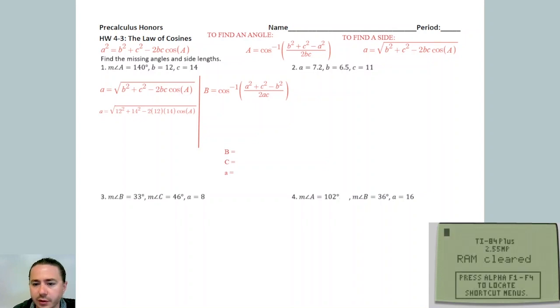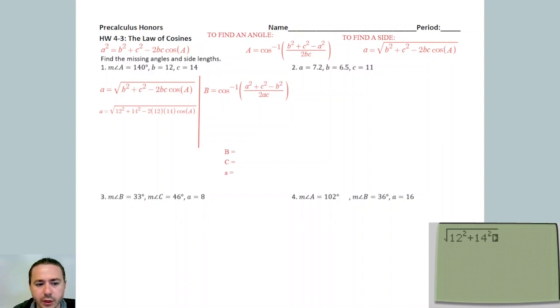Let's see here. We've got the square root of 12 squared plus 14 squared minus 2 times 12 times 14 times the cosine of angle A, which I didn't retype in there. I'll go ahead and fix that, but it's going to be the cosine of 140 degrees.